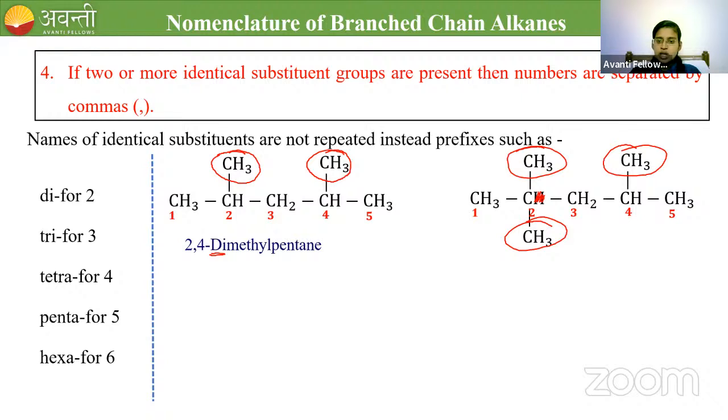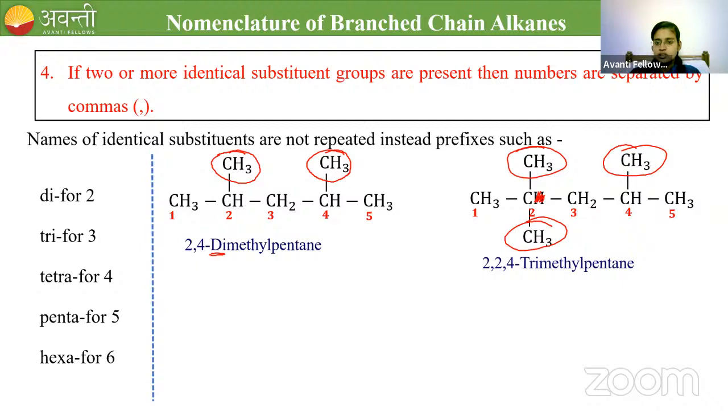Very good. This is 2,2,4 trimethyl pentane. Exactly correct. Pragati, why 2,2,3? It is 2,2,4, right? We are having the third methyl group in the fourth position only. So it is 2,2,4 trimethyl pentane.